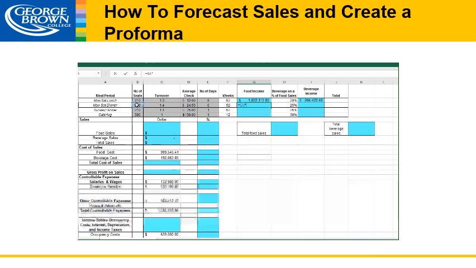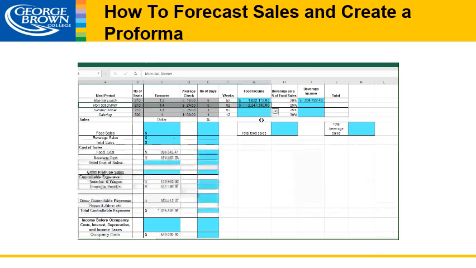We do the same for every row here. So the number of seats times our seat turnover, times our average check, times the number of days in the week that this is, times the amount of weeks in a year. So for Monday to Saturday dinner, we get a food income or food revenue of $2,247,336.